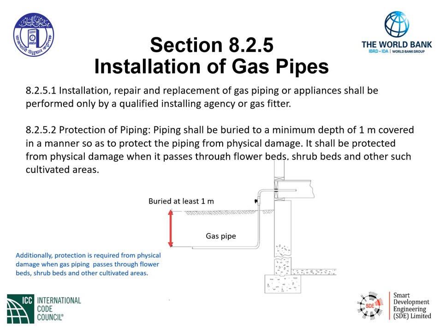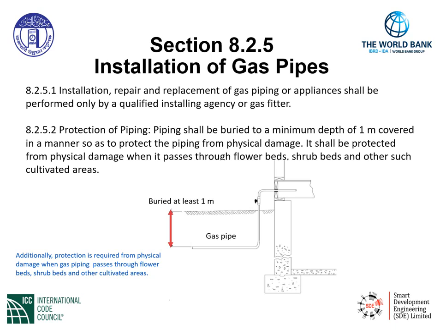8.2.5.2, piping shall be buried to a minimum depth of 1 meter, covered in a manner so as to protect the piping from physical damage. It shall be protected from physical damage when it passes through flower beds, shrub beds, and other such cultivated areas.